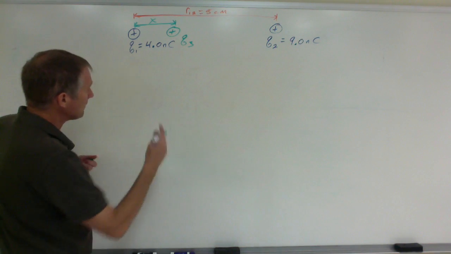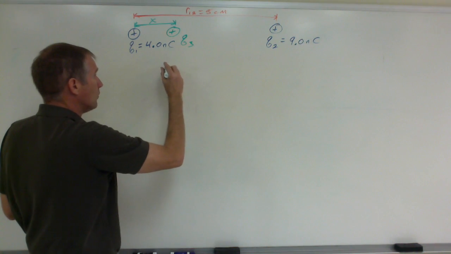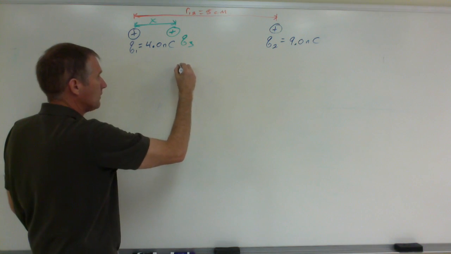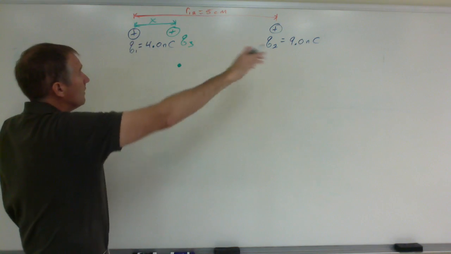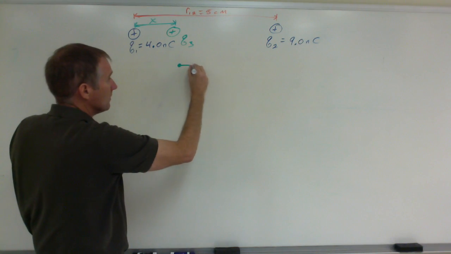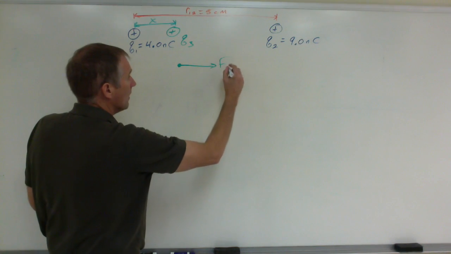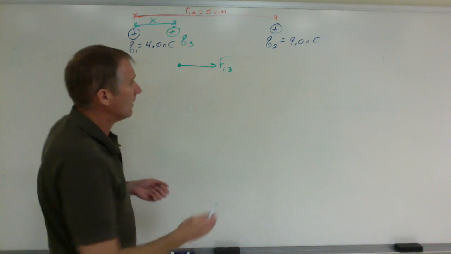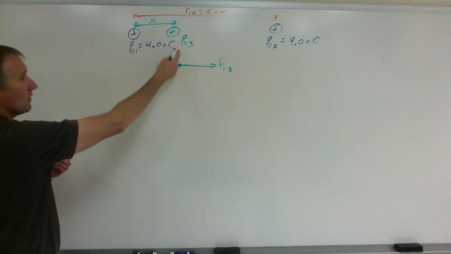Well, if you draw a force diagram for charge 3, it's going to look like this. I know that charge 1 is going to repel charge 3 to the right. So that's the force of charge 1 on charge 3, F13. And charge 2, which is also positive, is going to repel charge 3 to the left.